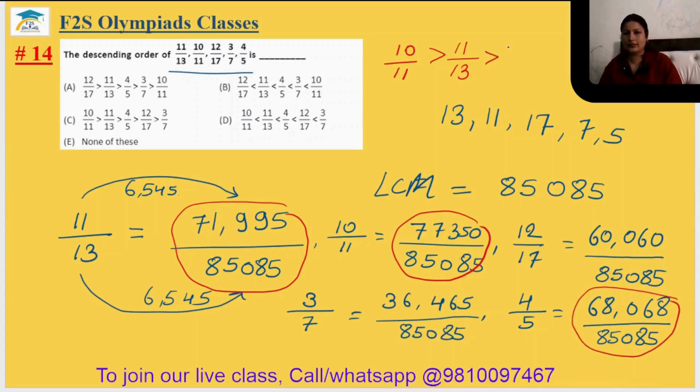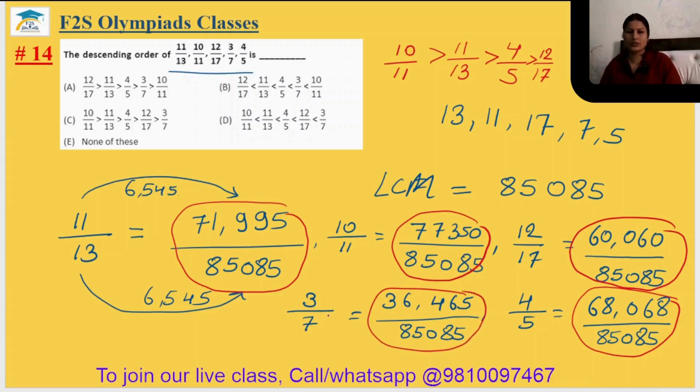Then 12 by 17. Then 36,465, 3 by 7. So the order is 10 by 11, 11 by 13, 4 by 5, 12 by 17, 3 by 7. This is in option C. The 14th answer is option C.